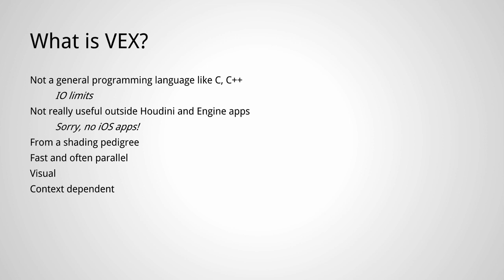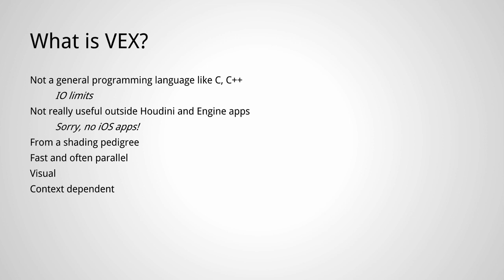VEX also has a visual component, which is VOPs, so it's a great way to get people programming without even realizing they're programming. They'll just be connecting nodes like it's another Houdini context, and if you just right click on your VOPs network, you'll see that it's actually compiling that.